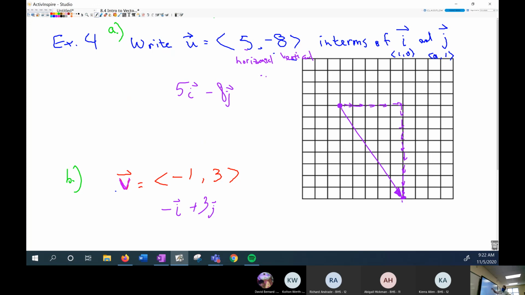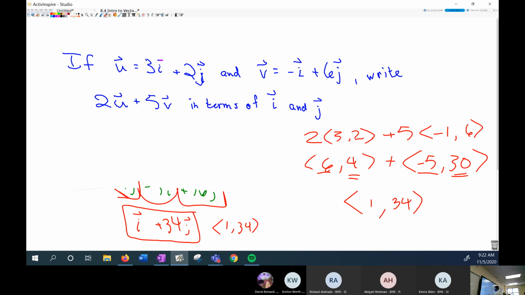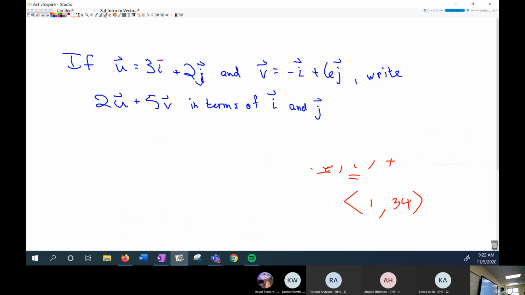Okay, now, just about done here, what that helps with is combining vectors. Having i's and j's helps us combine vectors because now all of a sudden we don't need to remember which ones go together.